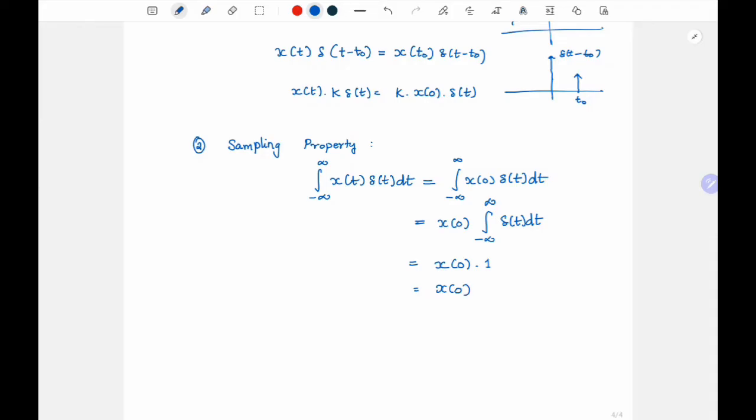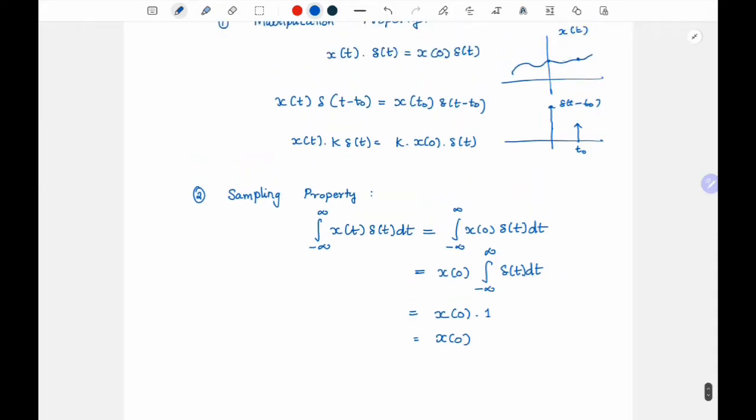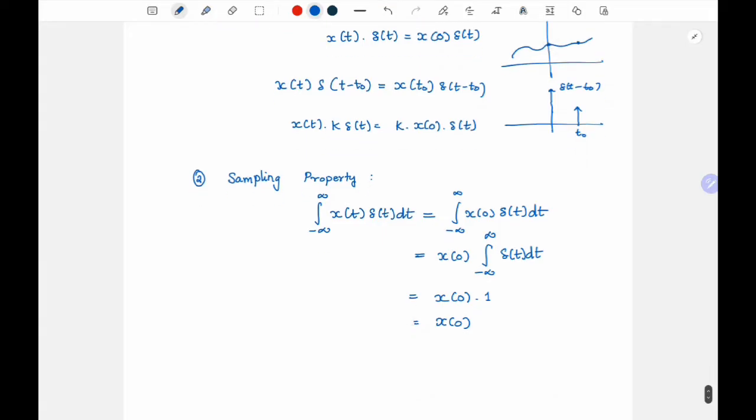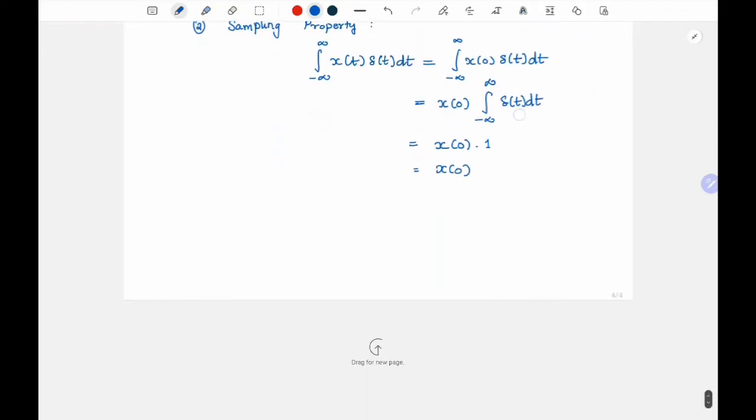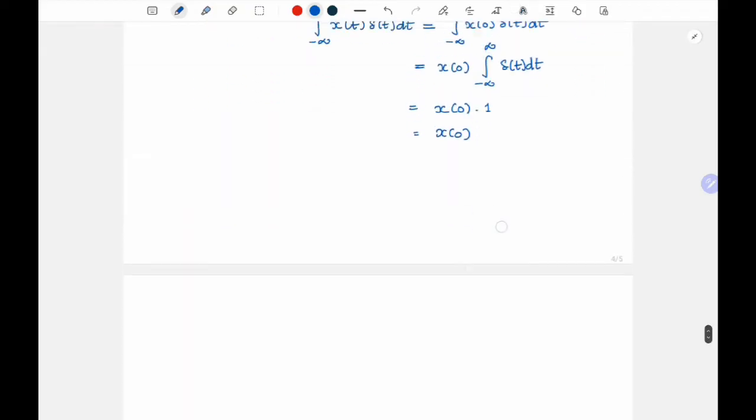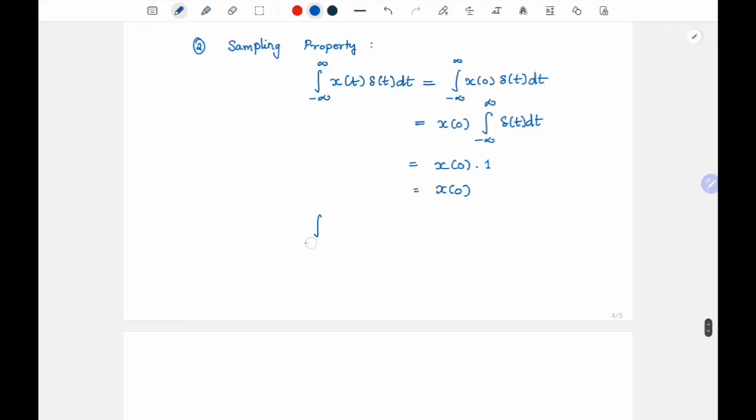So it is equivalent to sampling x of t at t equal to 0, right? You actually get the value of x of t at t equal to 0. Suppose you want to get the value of x of t at t equal to some t naught. What do you do then? Exactly. So minus infinity to infinity, x of t, delta of t minus t naught into dt.